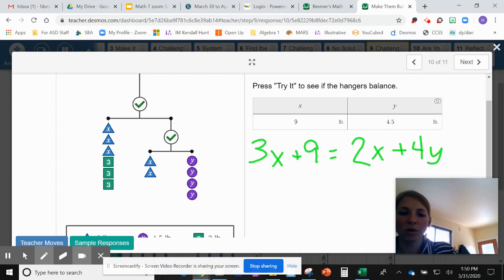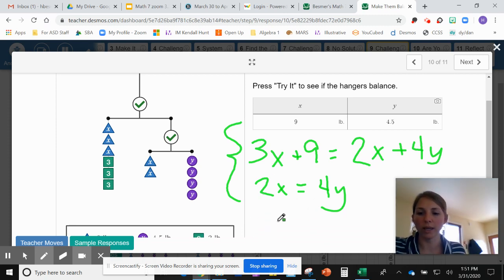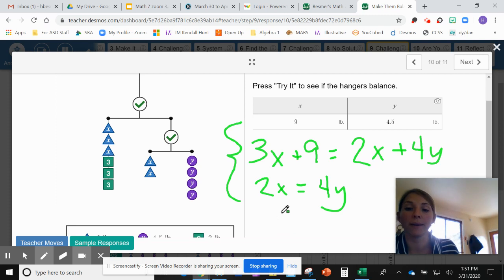Then there's also another equation going on here: 2x has to also balance with 4y, so that is equal right there. So really this is how we would represent our system of equations algebraically rather than using the hangers. So I thought that was cool. And then we'll be doing some more practice to see how we can use some substitution to solve that.